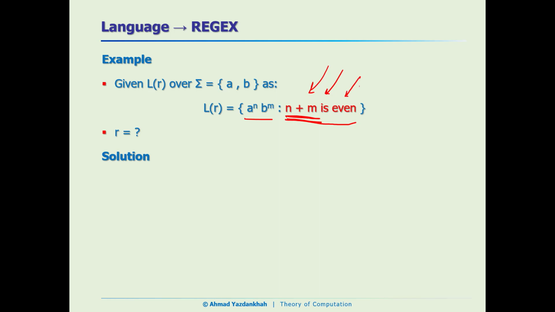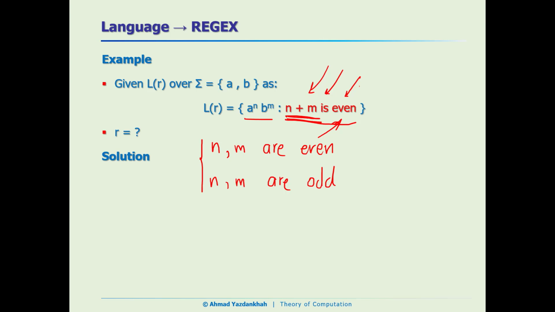What conditions can N and M have to add both of them to get an even number? We have two possibilities. Either N and M both are even, or N and M both are odd.